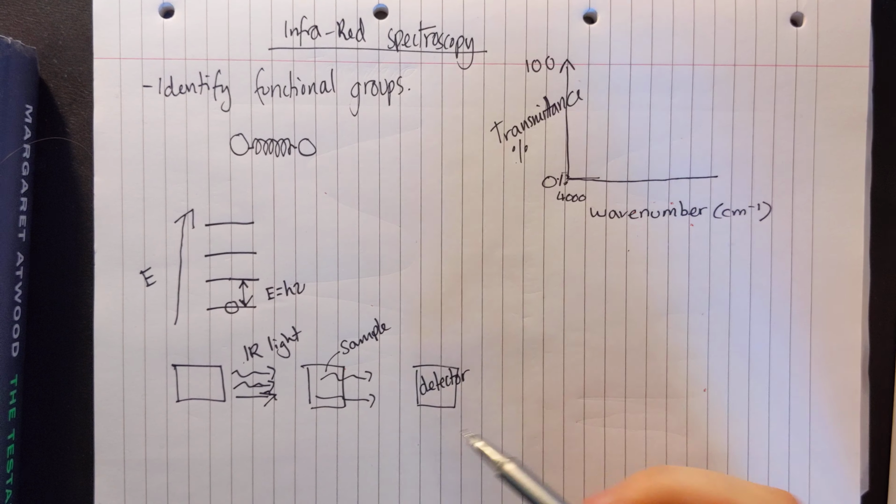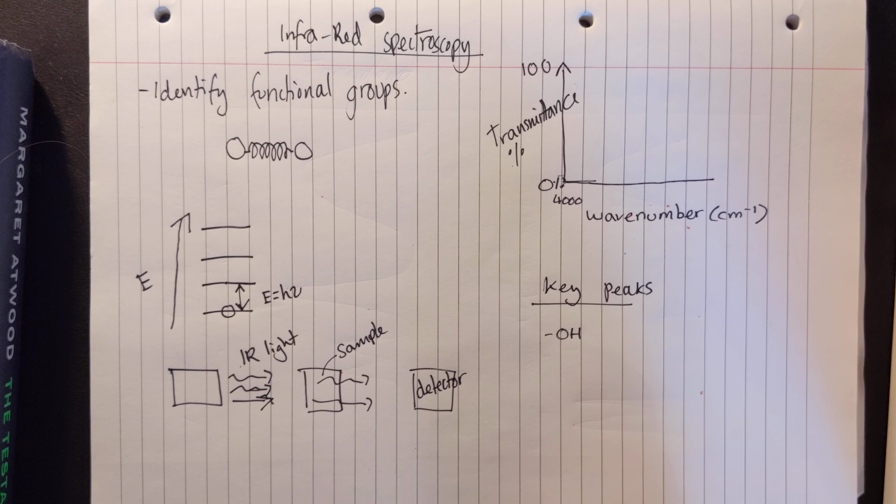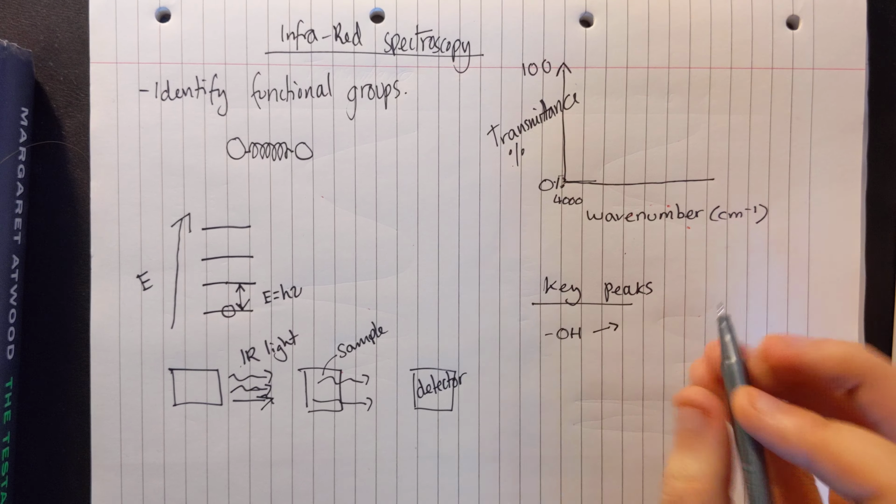So the key things we're going to be looking out for are OH groups. There are 2 types of OH group we're going to come across: alcohols and carboxylic acids.